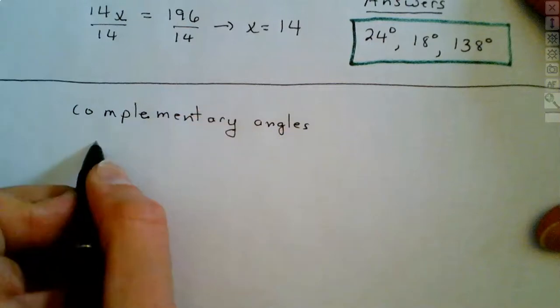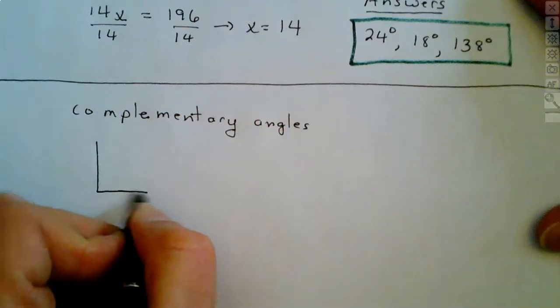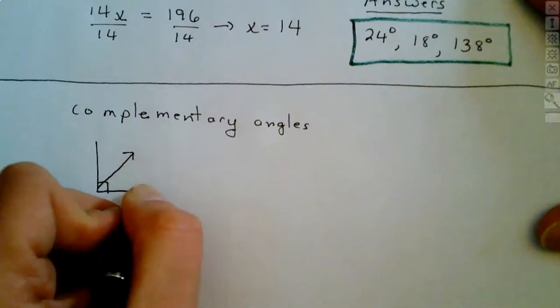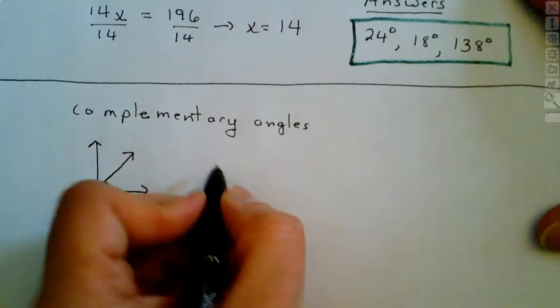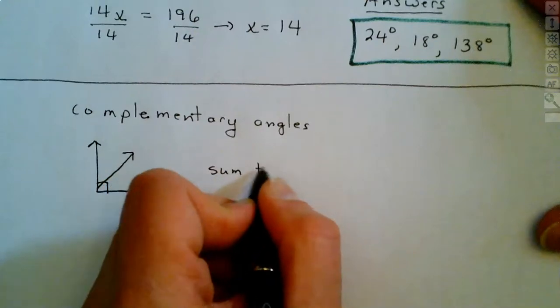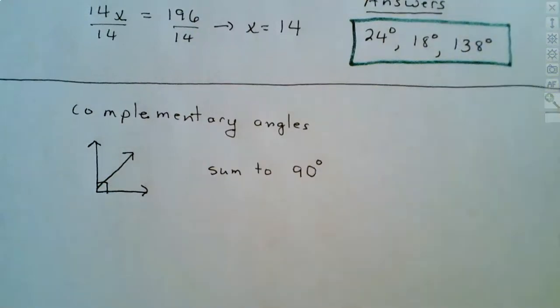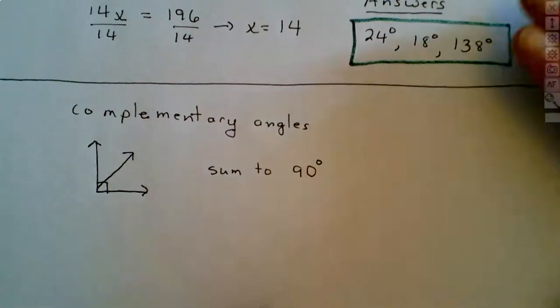So complementary angles, sometimes called right angles, these are going to sum to 90. So if you have something like this, this is going to sum to 90. So it's going to work the same way as the triangles. It's just that instead of adding it up to be 180, we add it up to be 90.